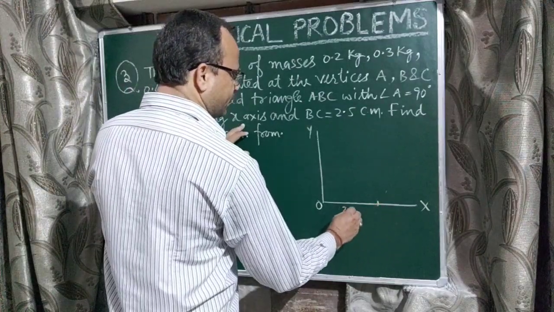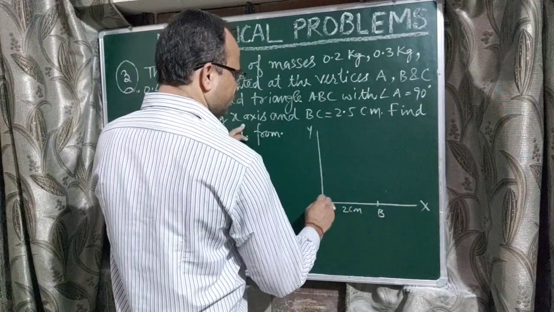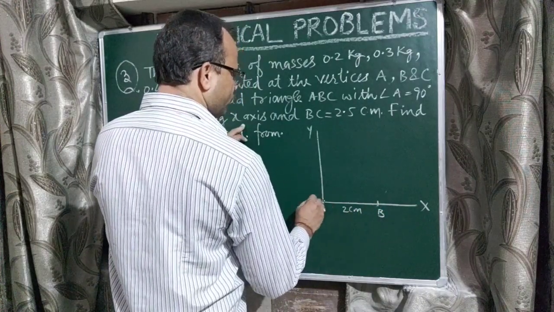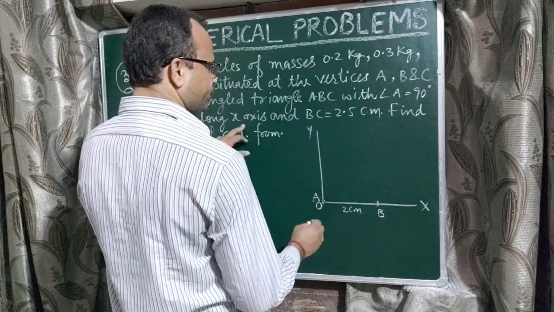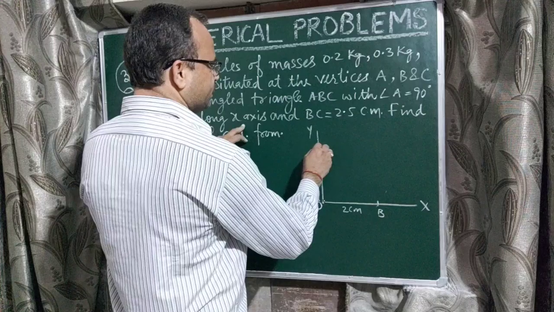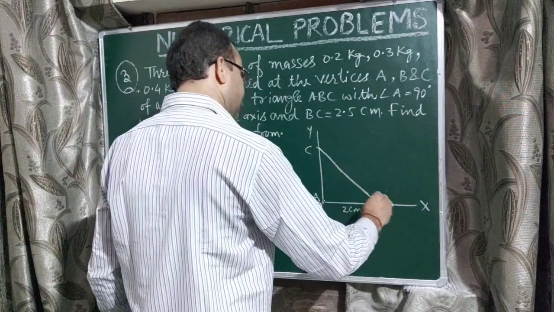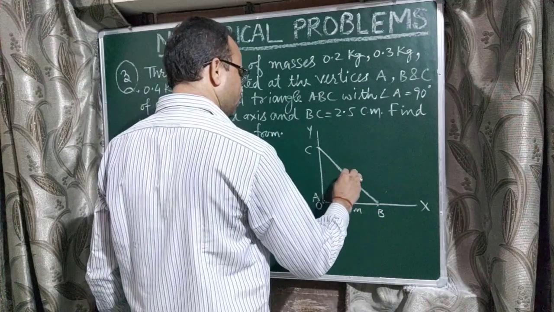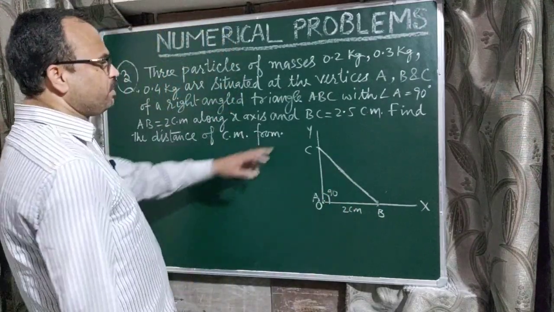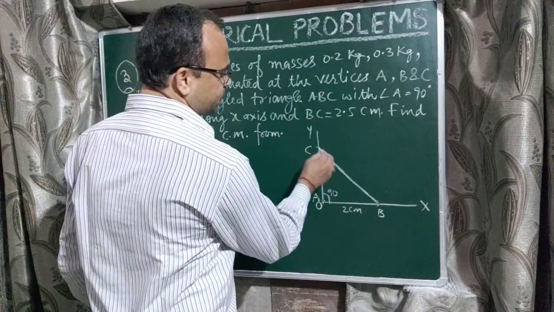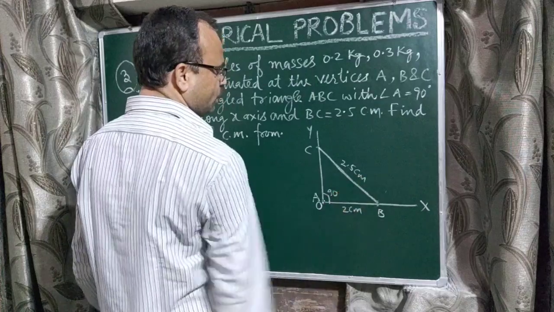Suppose this distance is 2 centimeter. This point is B, and one vertex lies on this origin A. Another point on the y-axis is C. So this is the right angle triangle ABC. This angle is 90 degrees and BC is given as 2.5 centimeter.